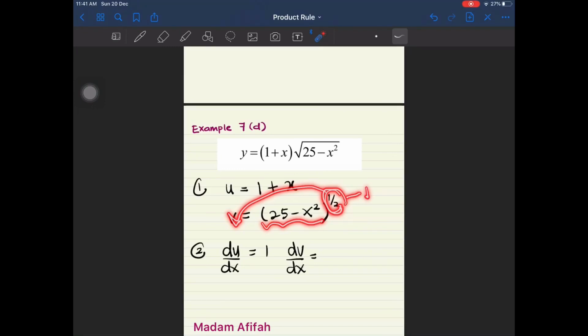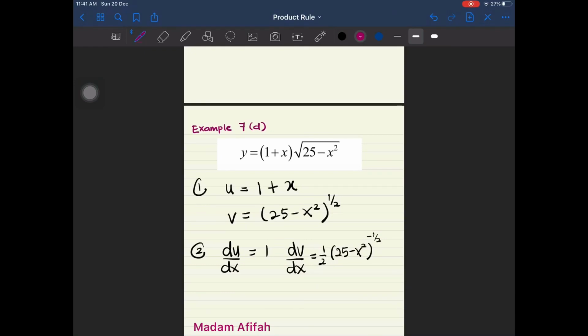Then the power, you need to minus 1, and you need to differentiate the inside. So you will have 1 over 2, copy back 25 minus x squared. 1 over 2 minus 1 gives you negative half.